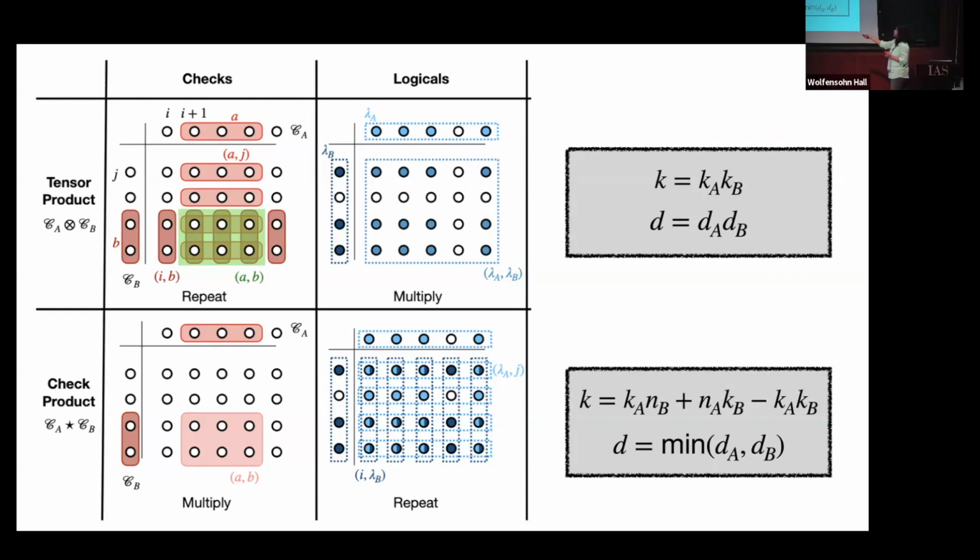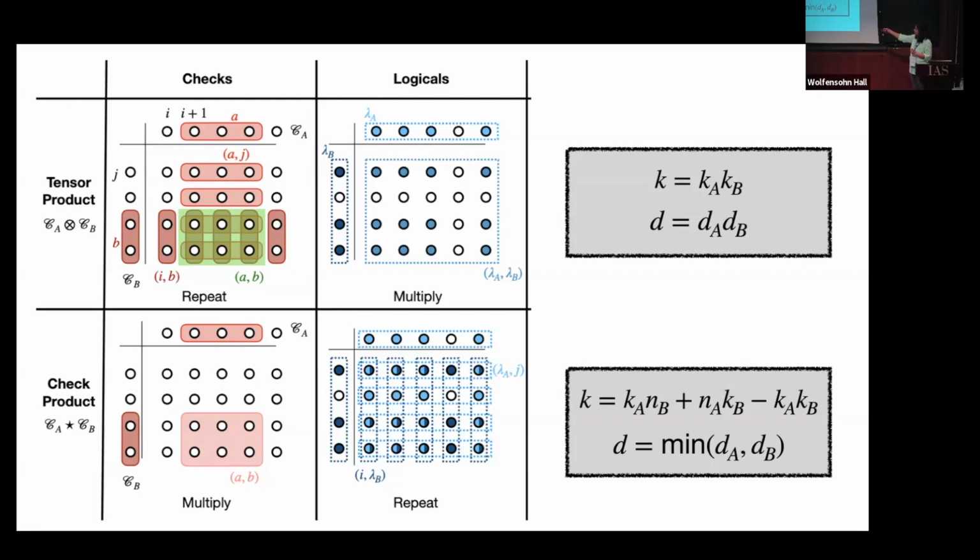In contrast, for the check product, the logicals actually repeat. Every logical that existed in your input code just gets repeated along each row for CA, and everything that existed for CB gets repeated along a column for CB. So your K now is Ka times NB plus Na times Kb, minus some extra redundancies that you create, which are global.